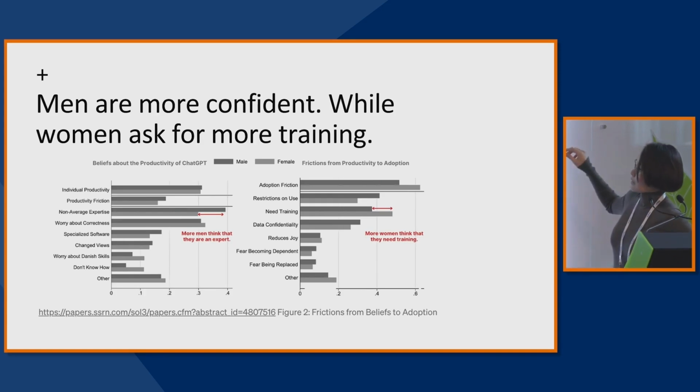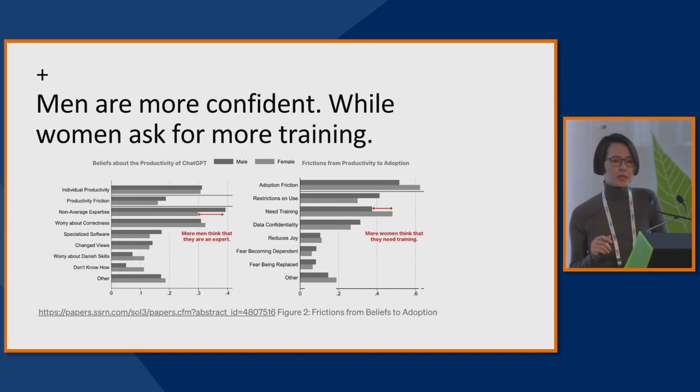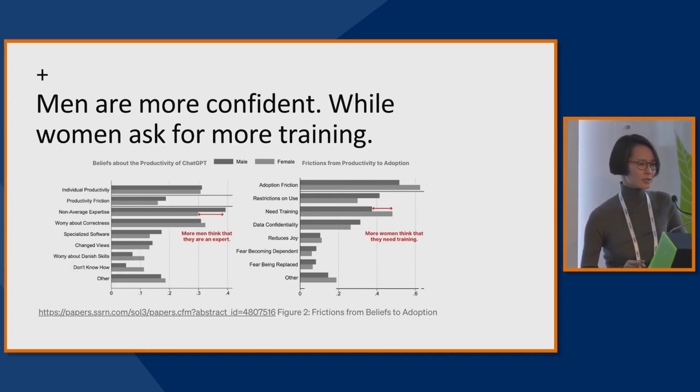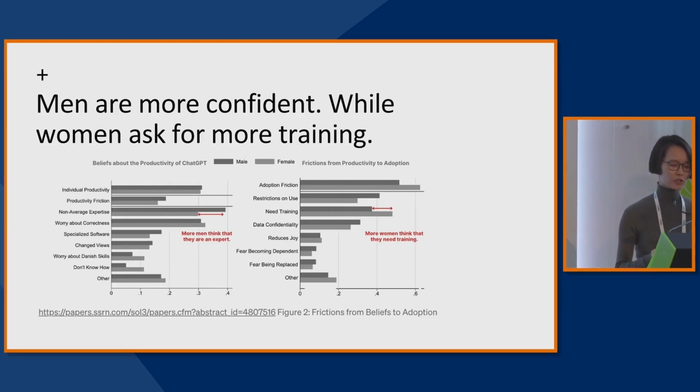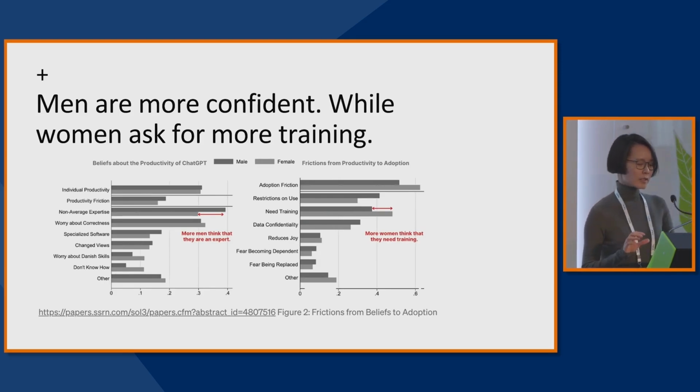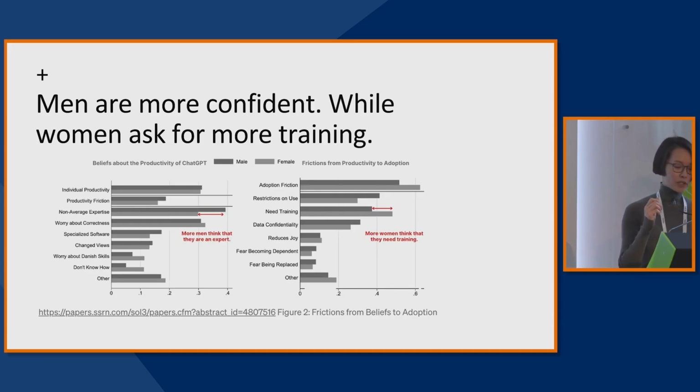The one on the right is the frictions that people think they have encountered when they use ChatGPT. It turns out more men are confident and believe that they're experts in using ChatGPT compared to women, whereas women are more conservative and feel more cautious when they use ChatGPT.